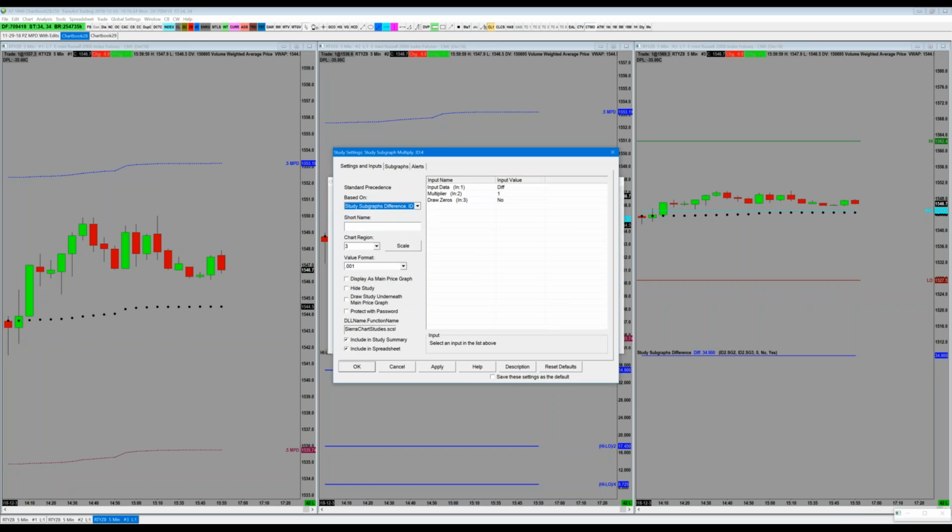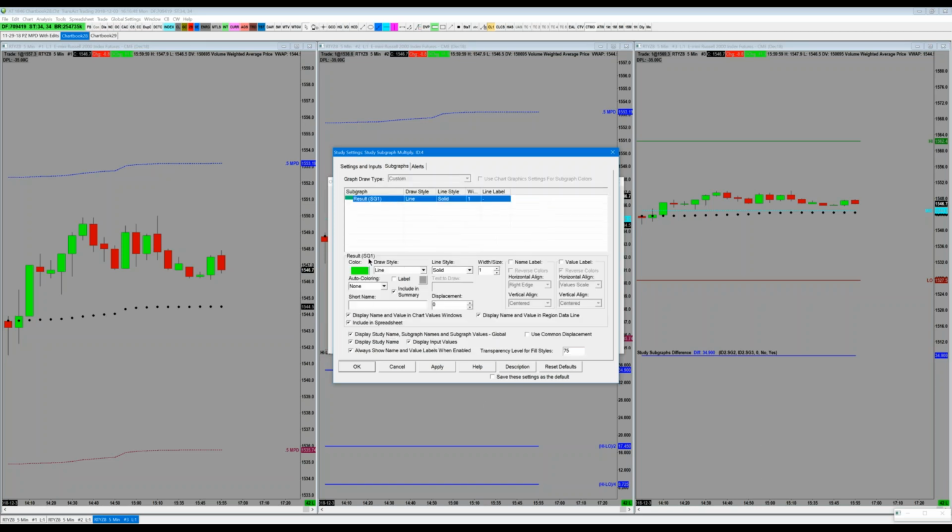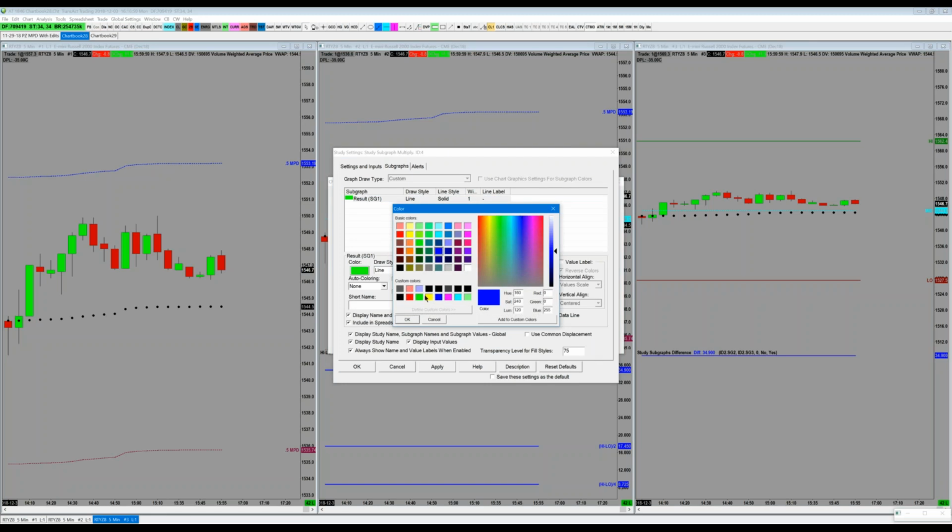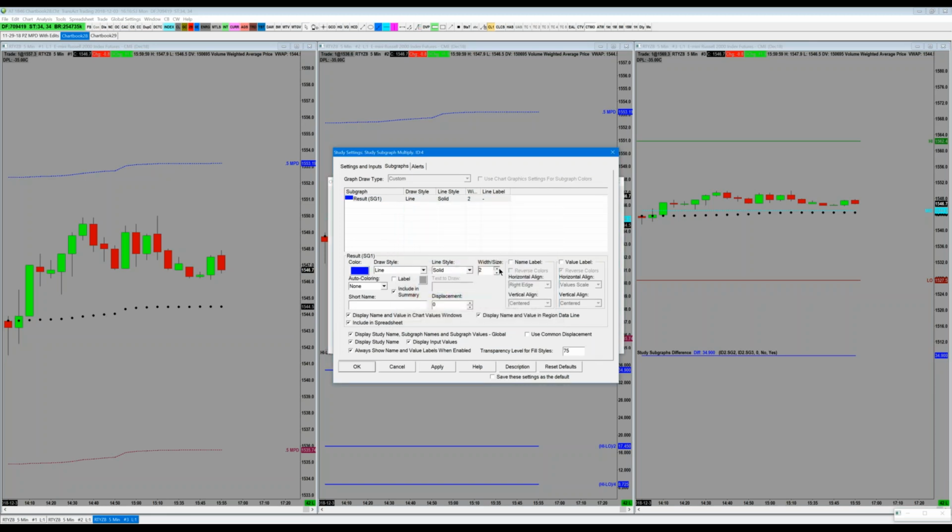And what is the multiplier going to be? It's going to be 0.5. We will stick this in region 2, so it's in the same region as this one and we don't end up with stacks of regions down at the bottom. Let's format this similarly. There is 0.5 of the range.